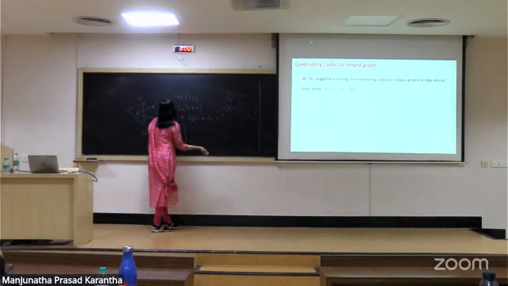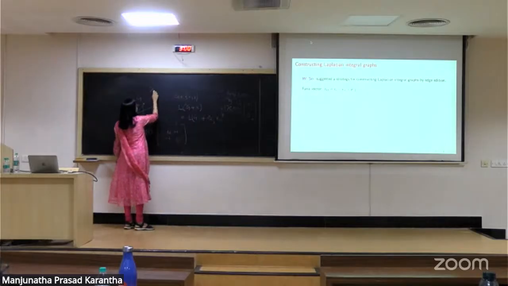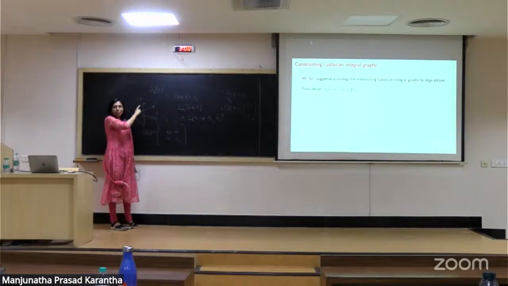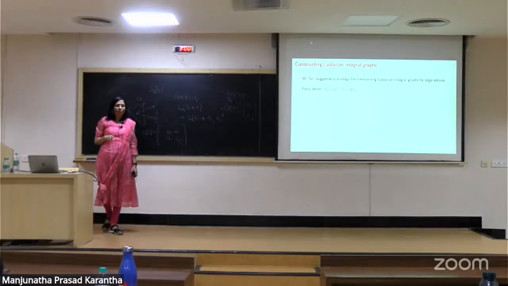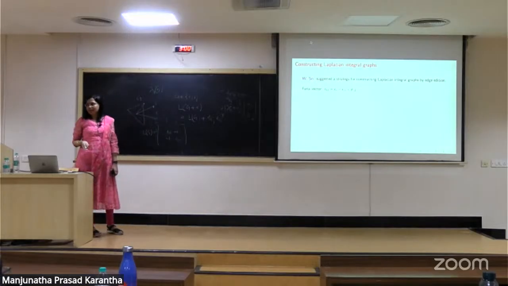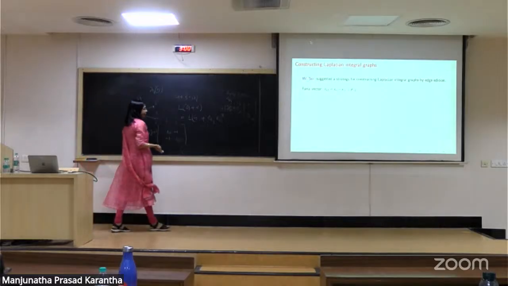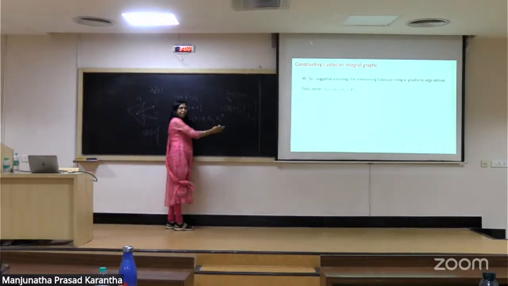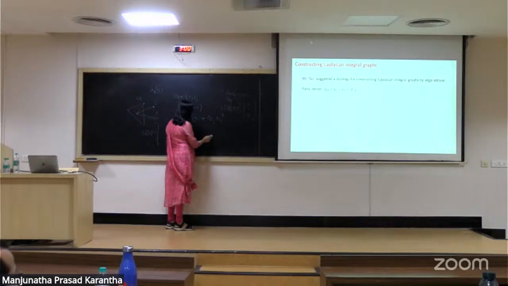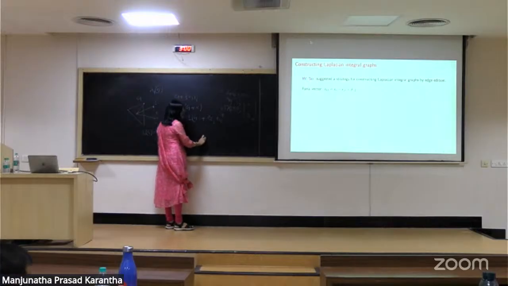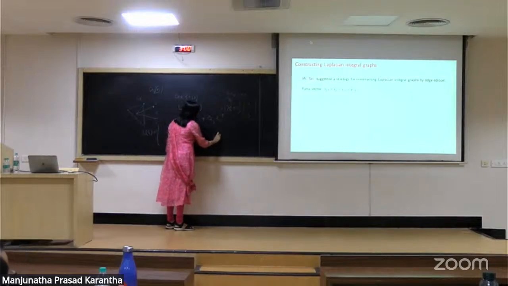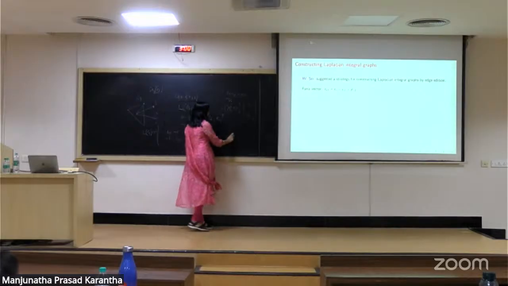So let's say lambda_G is used for the eigenvalues of G and lambda_(G+ij) for the eigenvalues of G plus ij. So what I can say is all the eigenvalues will increase. So lambda_1(G), that is 0, will be less than or equal to lambda_1(G+ij), and that will be less than or equal to lambda_2.